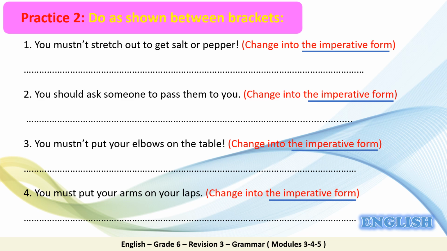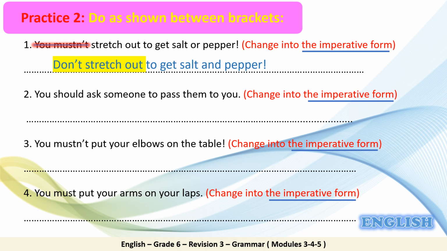So the sentence, you mustn't stretch out. Here, we have to start the sentence with the verb, or don't plus verb. Let's see. Don't stretch out to get salt or pepper. It's easy. We remove mustn't, we remove also the subject you, and we start the sentence with don't plus the verb stretch out. Who can do example number 2?